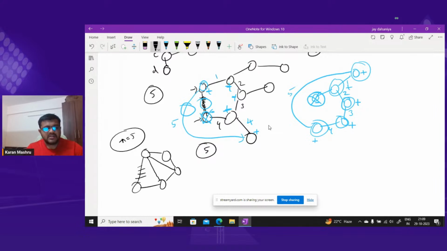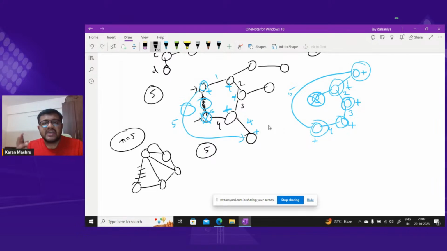This and this will result in a cycle of 3. This and this will result in a cycle of 2. But I will never again get a cycle of length 5. Is this much clear? So whenever all the nodes are forming a cycle, the answer is no. If there is at least one node outside the cycle, the answer is yes, we can form a new cycle of the same cyclic length.